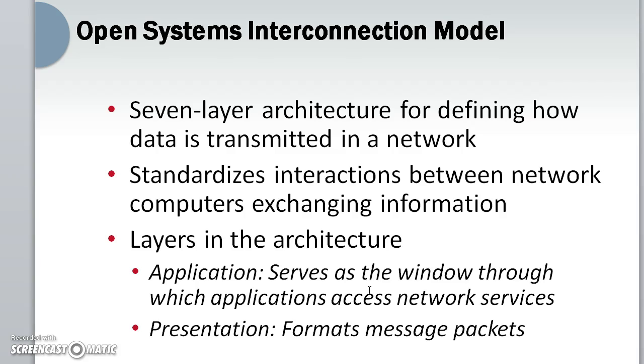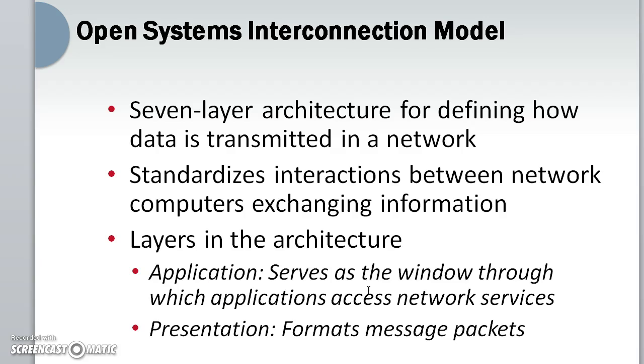So let's look at the different layers in this type of architecture. The first layer is the application layer, where the applications are sitting. This serves as a window through which applications access network devices. It performs different tasks such as email or file transfer, and some tasks that are actually supporting the user.